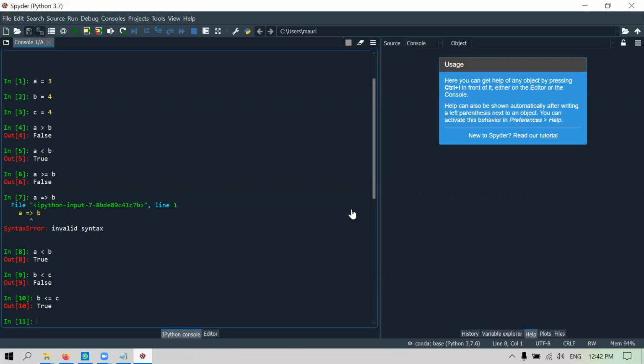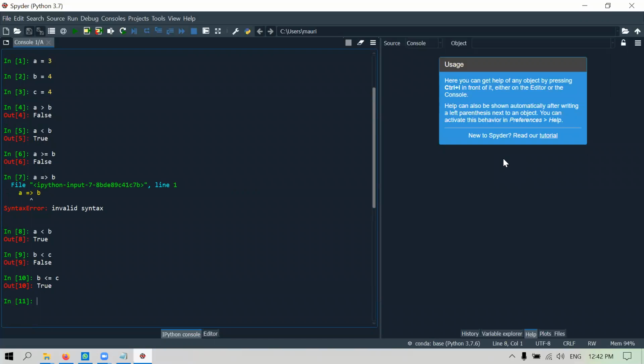How about if we want to compare two numbers and ask whether something equals something? By right, I'm supposed to be able to say B equals C. But this will not give me any output, because one single equal sign means assigning.